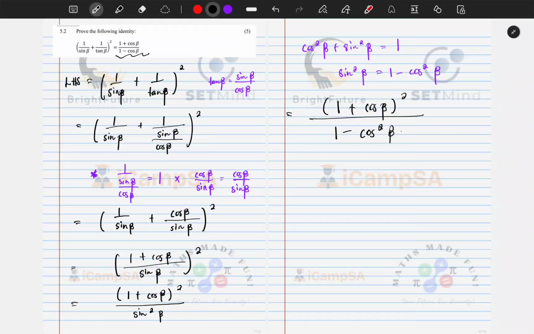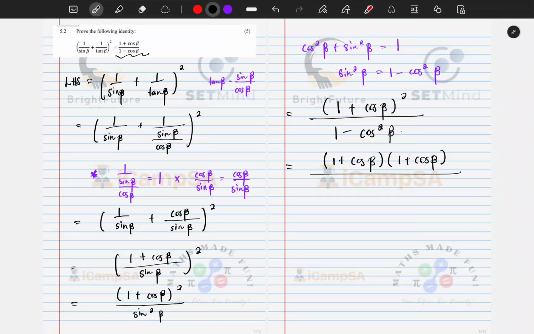We need to see how we can solve this now. So the numerator can also be written as 1 plus cos beta times 1 plus cos beta still, all over. Now I need to find a way in which I can write the denominator.